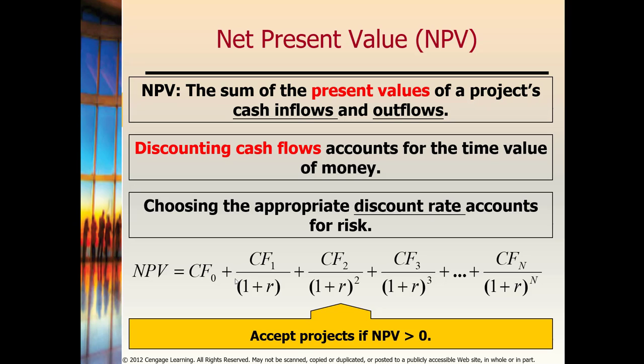So the summation of the present value of all the future cash flow generated from this project can fully cover this initial investment and even create a positive value for the company. So you should accept this project.